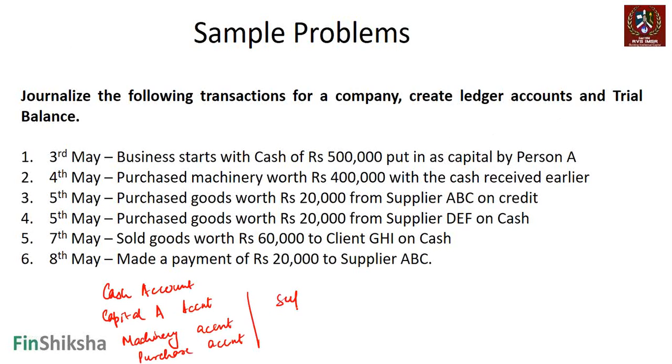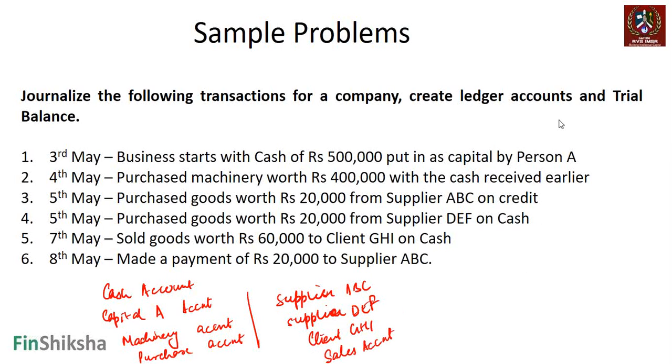We have a supplier ABC account, supplier DEF account, client GHI account, and a sales account. Right, so broadly these are the kind of accounts we will have when we create the ledgers. We don't necessarily need to create everything under the sun on the ledger. Most important ledgers would be those where a lot of transactions are happening. But anyway, let's start with the journalizing process.